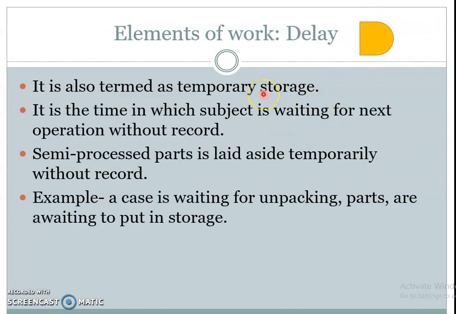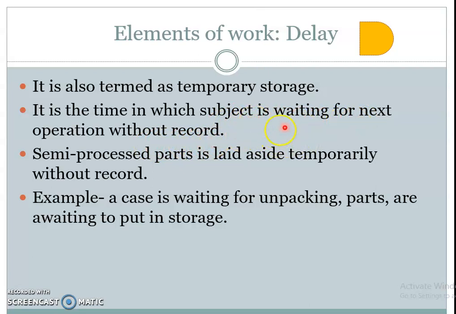Now the next symbol in the method study is delay. You can say this has a capital D. It indicates temporary storage, whereas the inverted triangle we saw in the previous slide shows permanent storage. This is temporary storage, we can say a delay. It is the time in which the subject is waiting for the next operation without record.